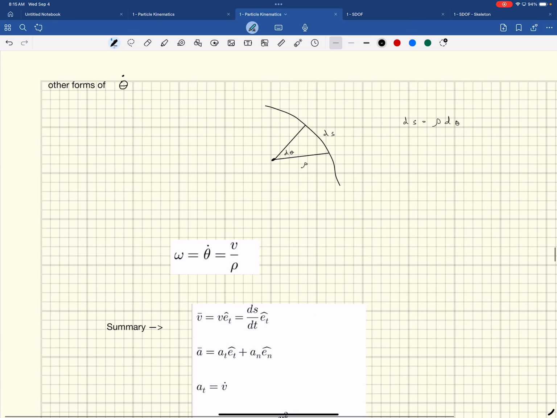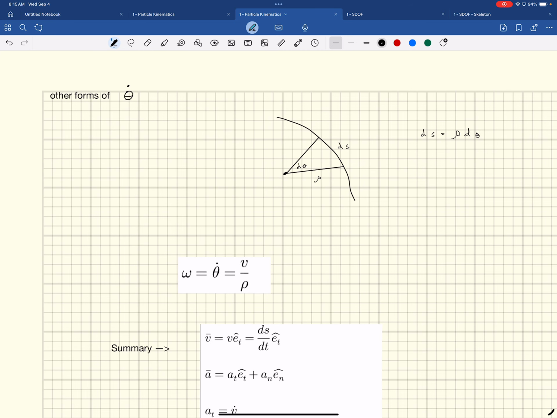And we come back up to that velocity term. Velocity is equal to ds dt, and we just said ds could be written as rho times d theta, so this could be rho times theta dot, equal to rho times omega.